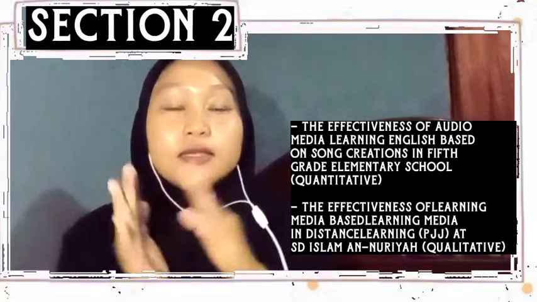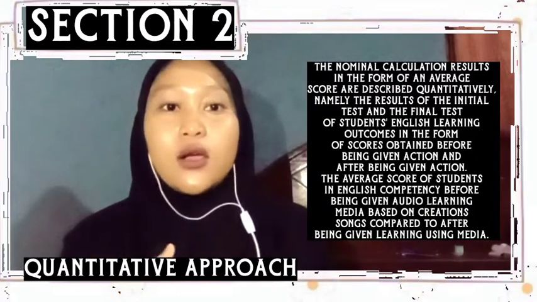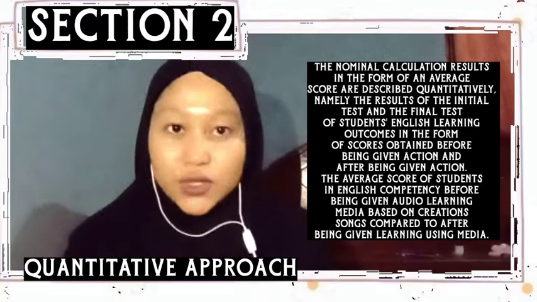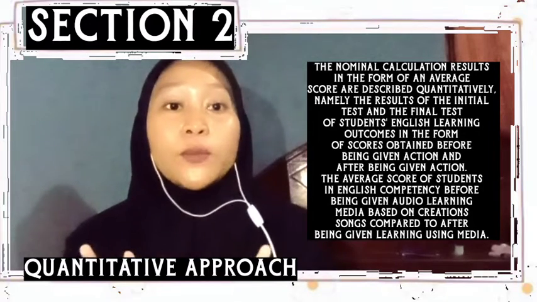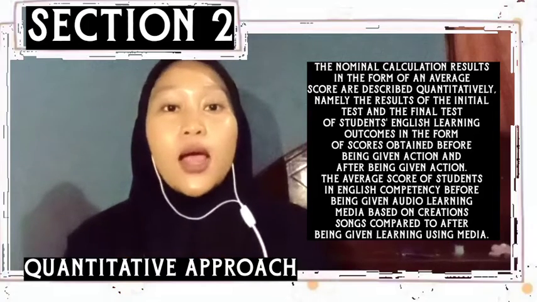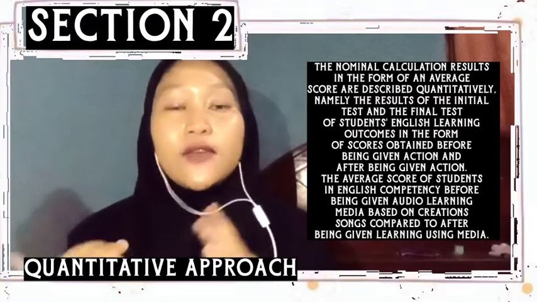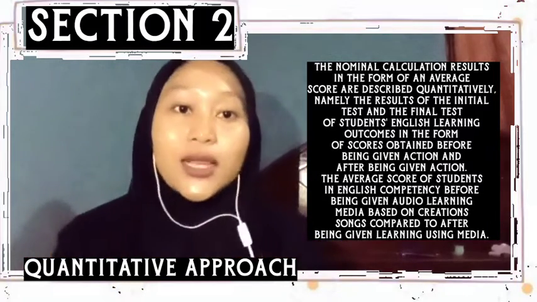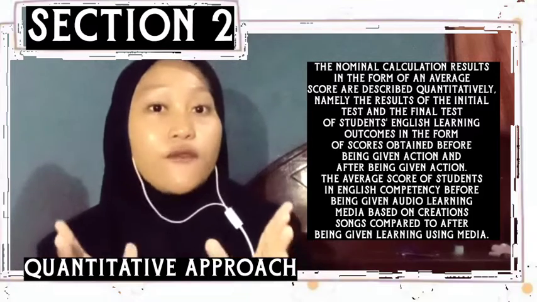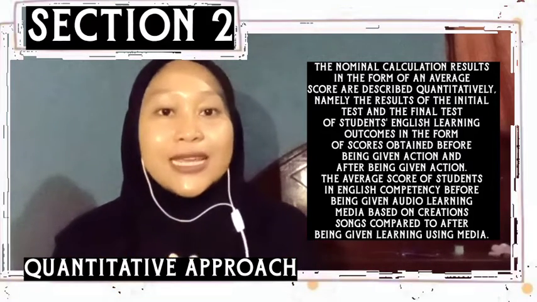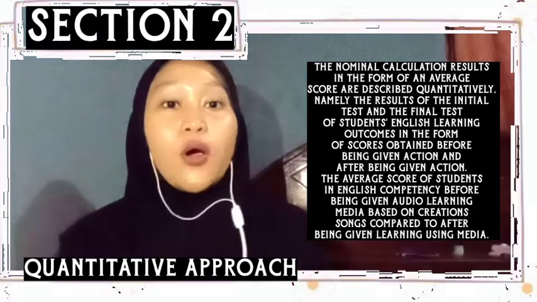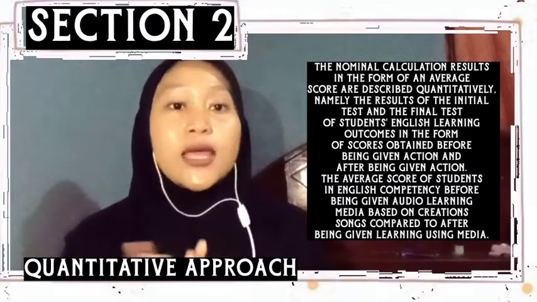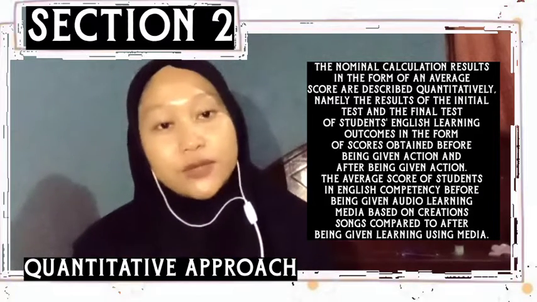The first is data processing or the result of the quantitative approach. The nominal calculation results in the form of an average score are described quantitatively, namely the research result of the initial test and the final test of students' English learning outcomes in the form of scores obtained before being given action and after being given action.